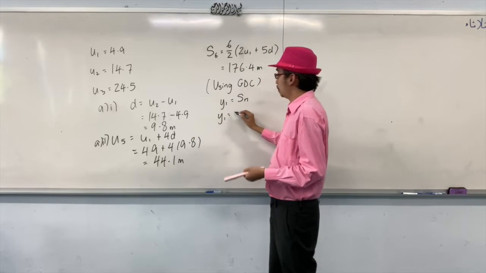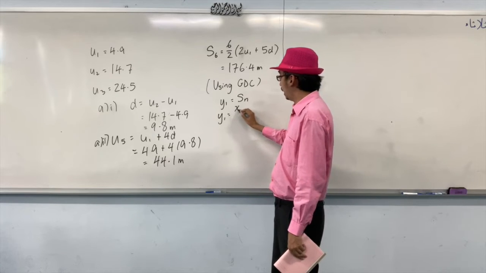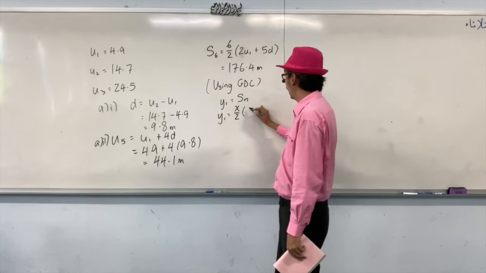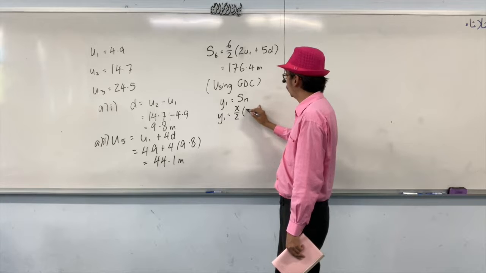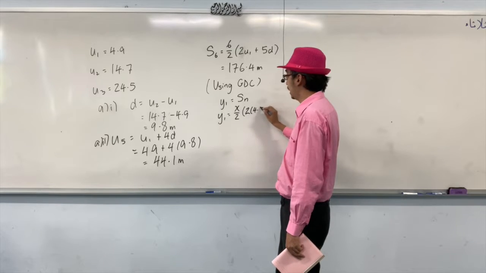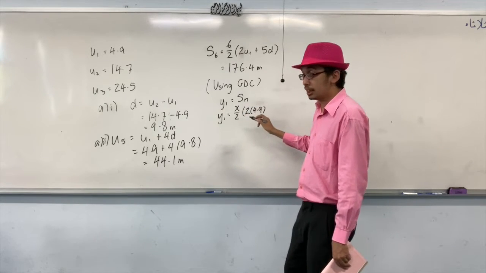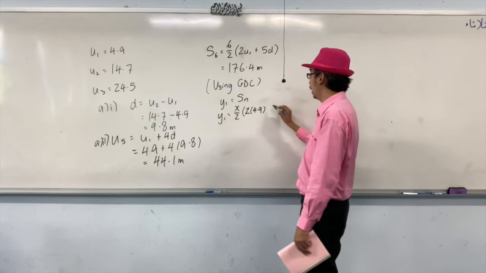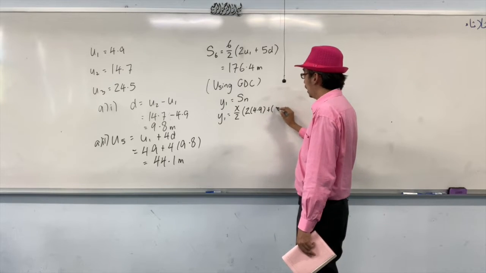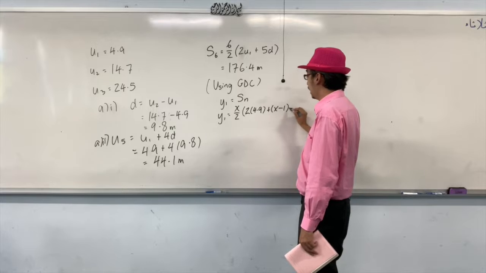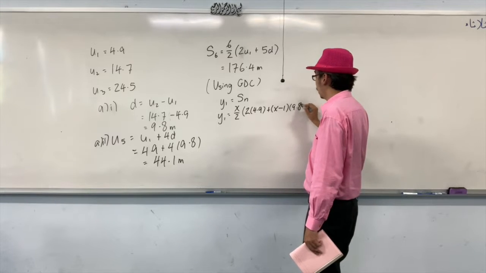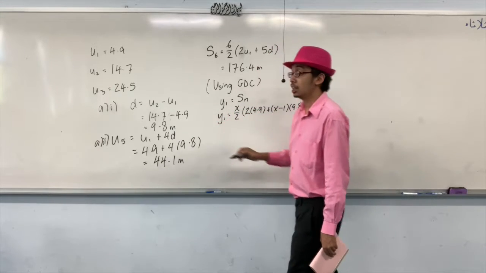So your y1 is written as x over 2 times (2 times 4.9; if you want to write 9.8 straight away, that is also okay), plus (x minus 1) times 9.8, because that's your d over here.